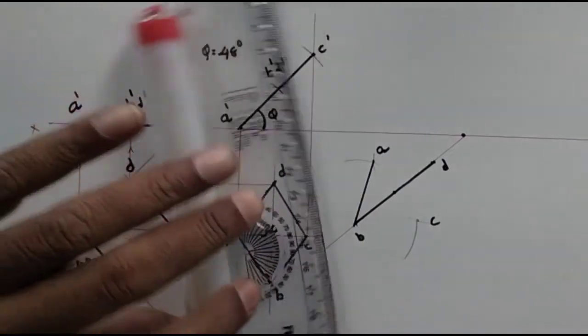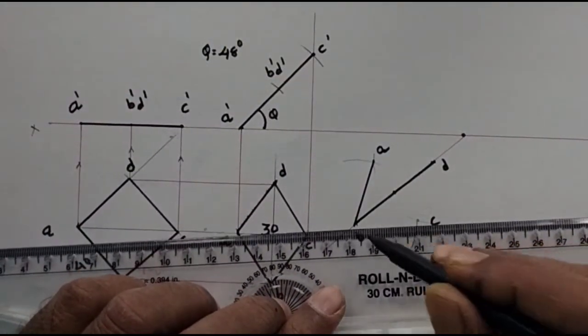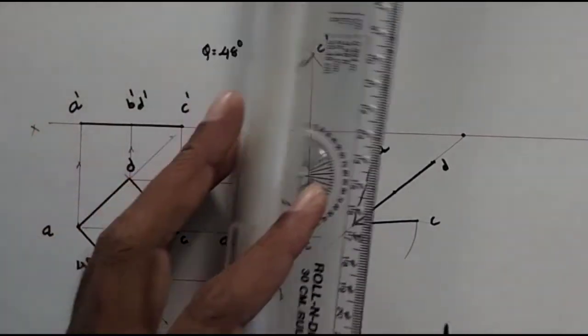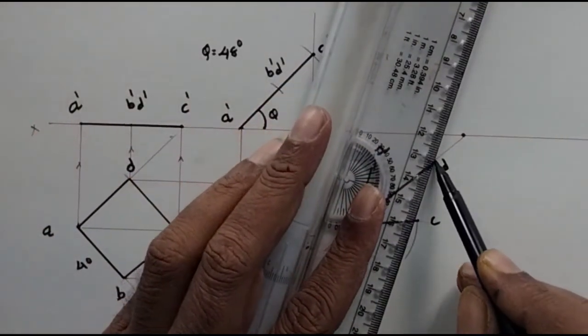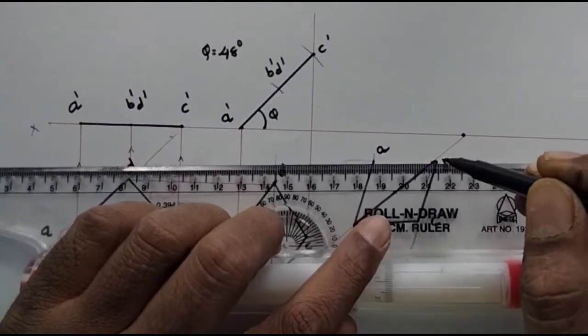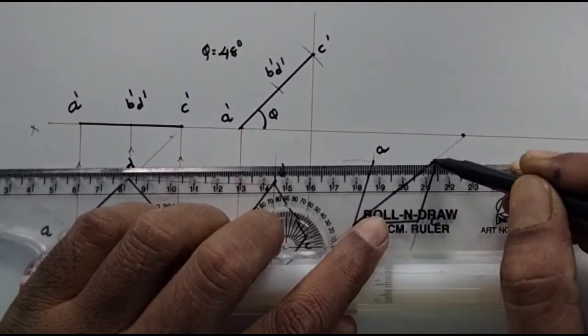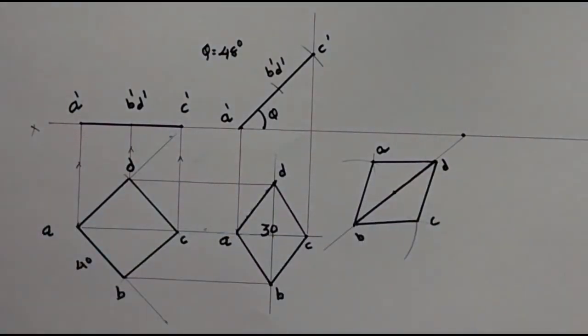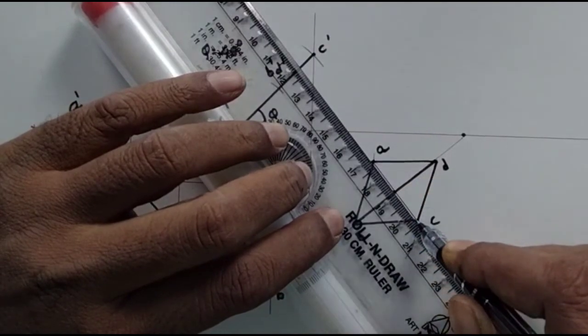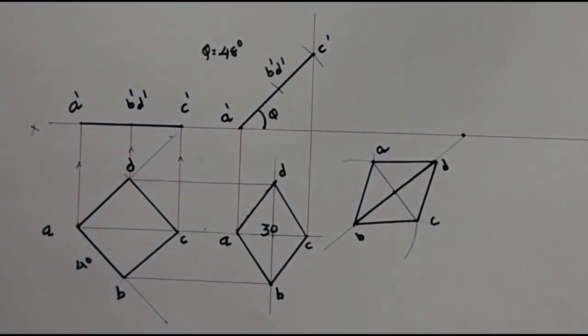A to B, B to C, C to D, and D to A. I join the plan diagonal AC.